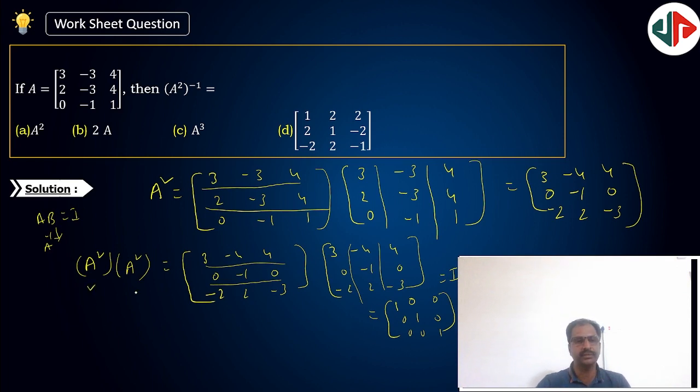Similarly, I got A square into A square as I, which means A square whole inverse is nothing but A square. So option A is correct.